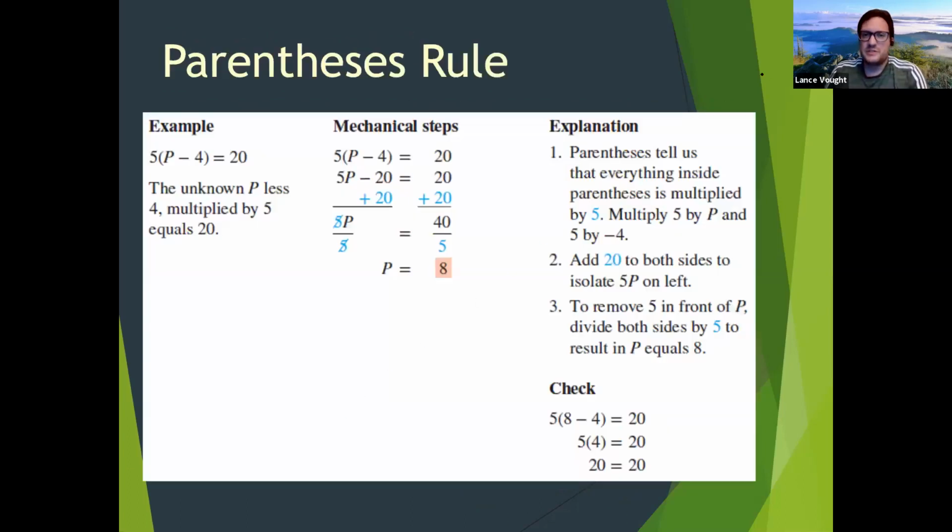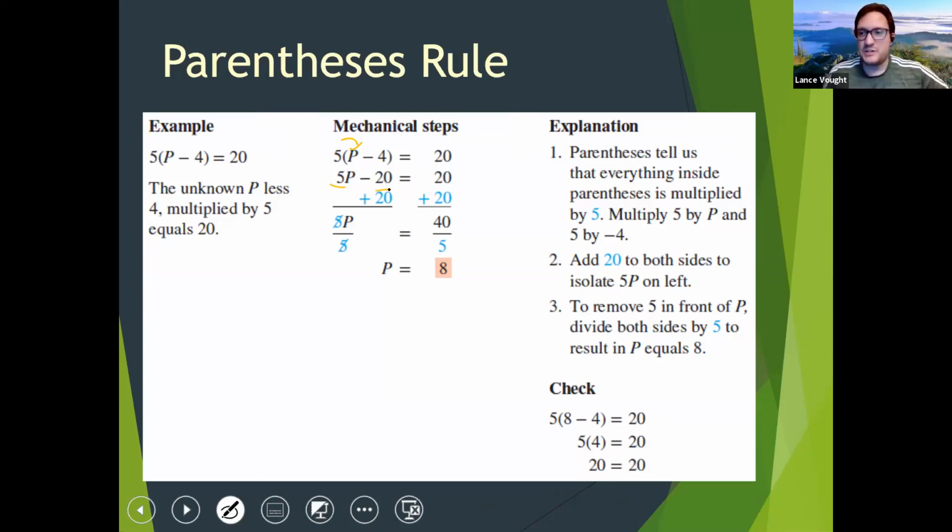So in this case, because we have the scalar outside of the parenthetical, the first step is we need to factor that through. So 5 times p is 5p, 5 times 4 is 20. But remember, this is a negative sign, so it's really subtracting 20, not positive 20. And then in order to solve this equation, again, we have 2 steps.